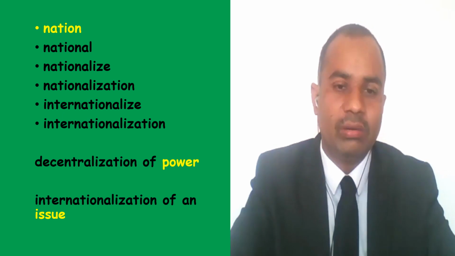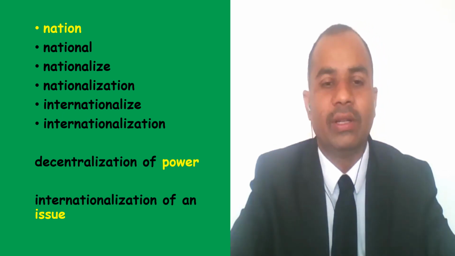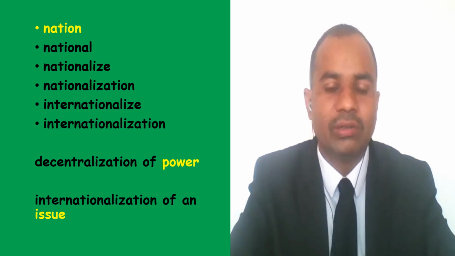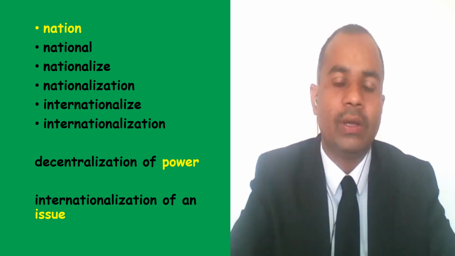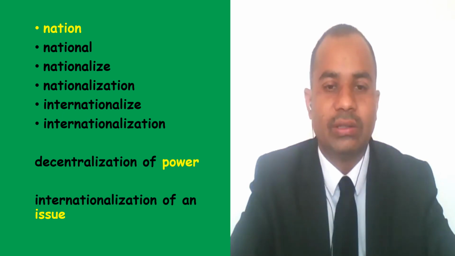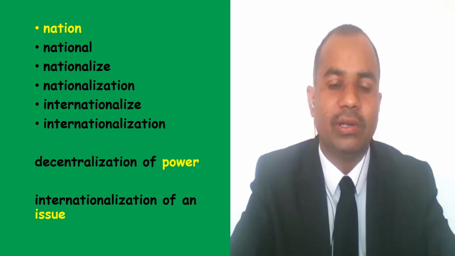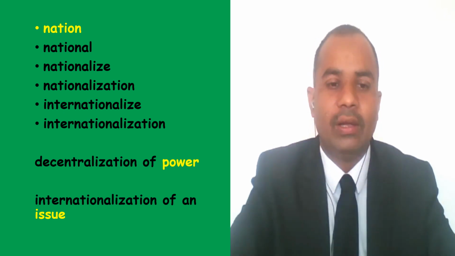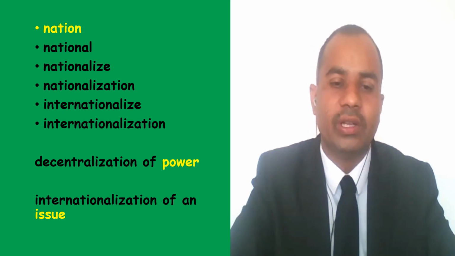We have power at our center, and then we have different states having different powers, and even within states we have a three-tier system. At a village, at a tehsil or taluka place, and at a district place we have powers segregated. So, internationalization of an issue.